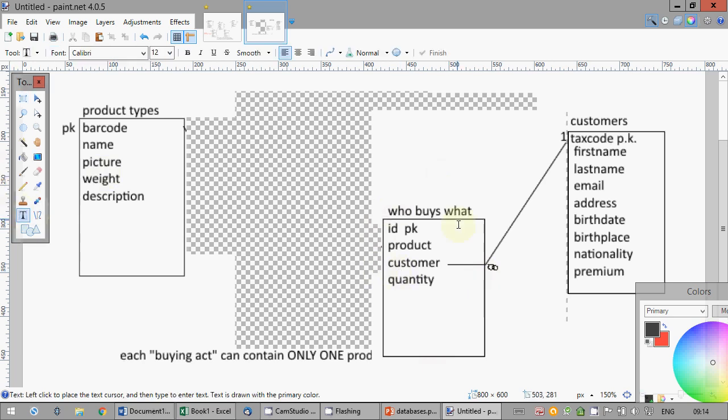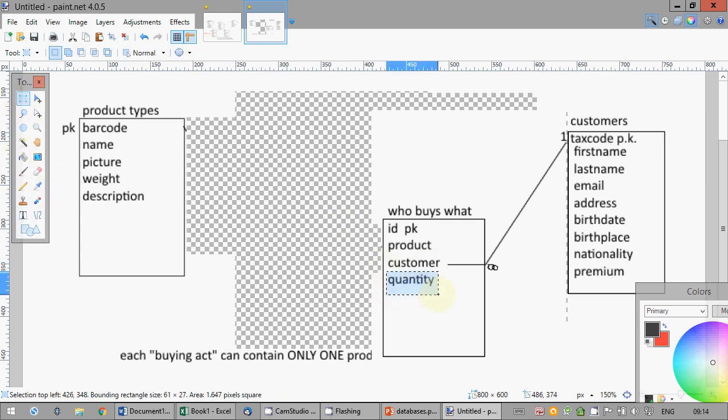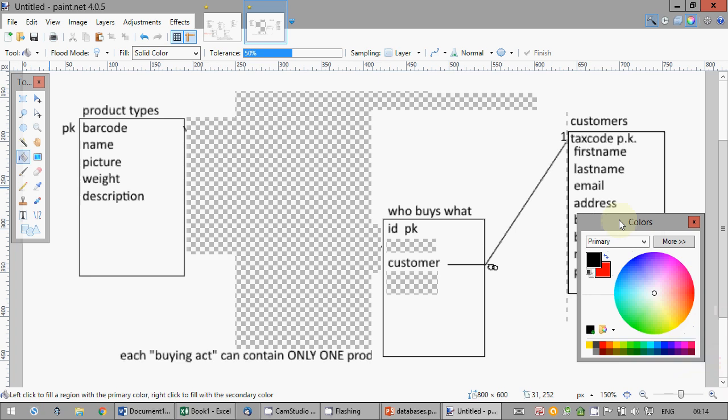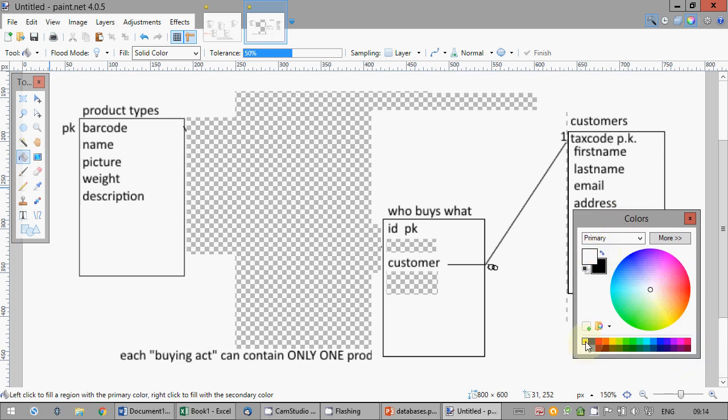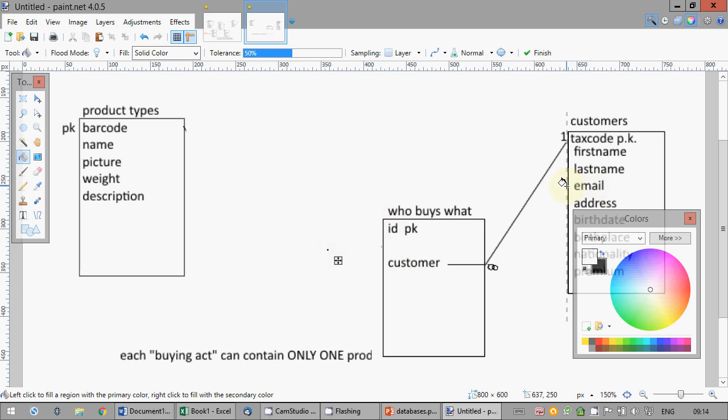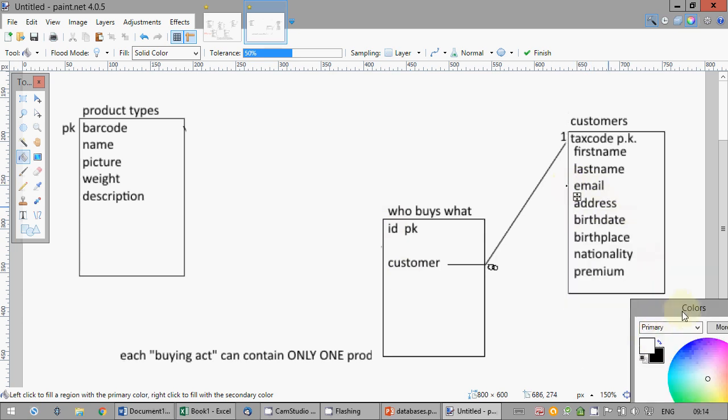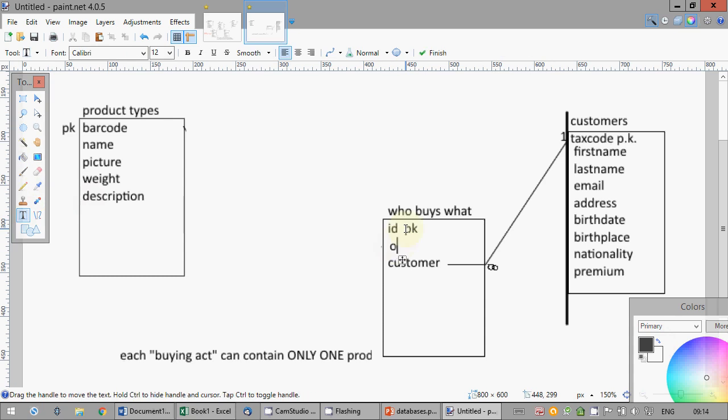So for example, for sure not the quantity, not the product, but who is the customer. So we don't see that horrible thing. Who is the customer? The order date. So we put here only the administrative information.